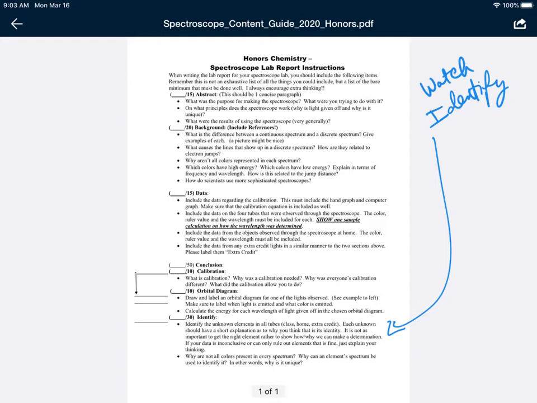For the orbital diagram, that's this right here. So that's the idea that like when the electron falls down to here, maybe that's a green jump because it's medium sized. When it falls here to here, that maybe is a yellow, a red. That would be red, sorry. Green, here, I'll draw pictures. So maybe here to here is green.